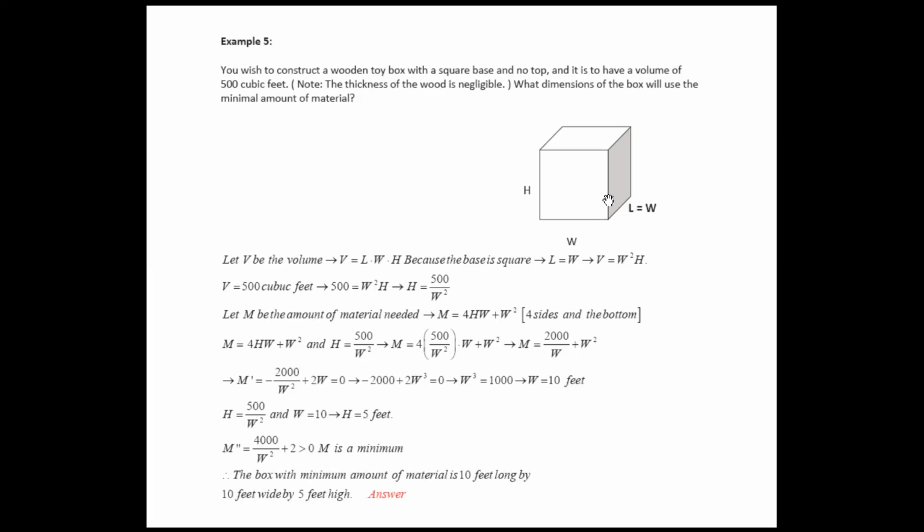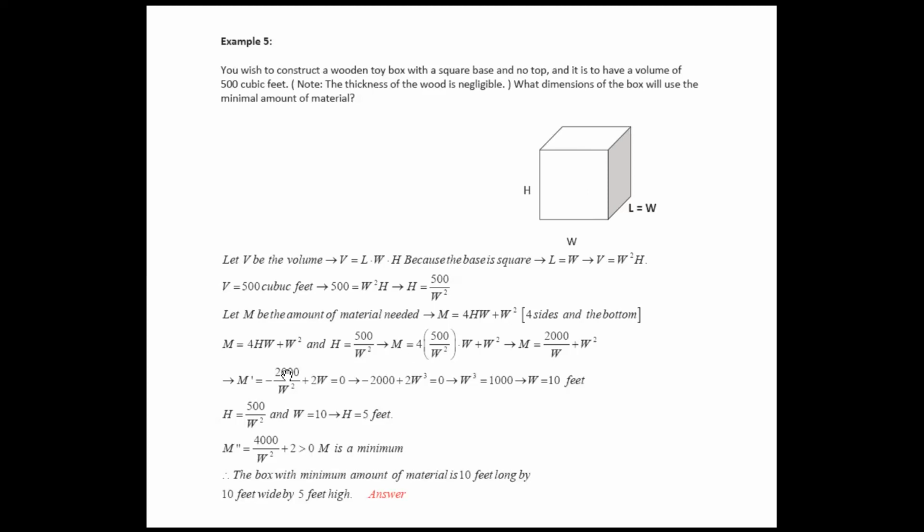We have a bottom. That's W by W, it's W squared. Okay, that's the area of the bottom. Each side is H times W, and we have 4 sides. So this is the amount of material, 4 sides and a bottom. There is a version of this problem where you have a top, and it's written the same way, except instead of W squared, you would have 2W squared if you had a top and bottom, but we do not in this particular problem.